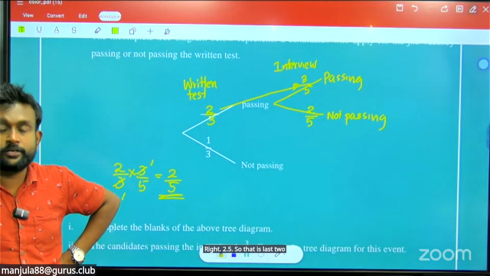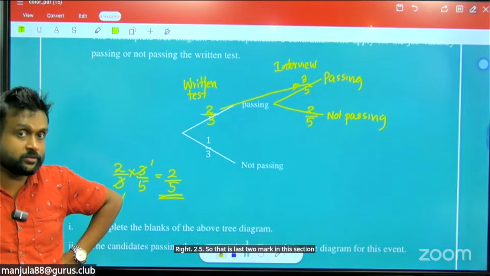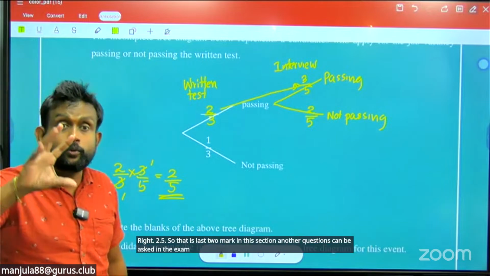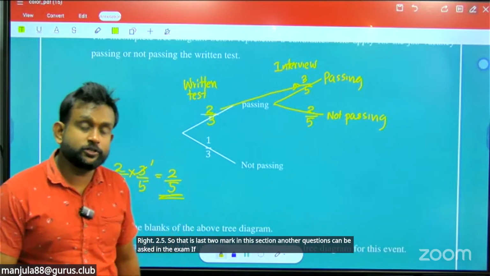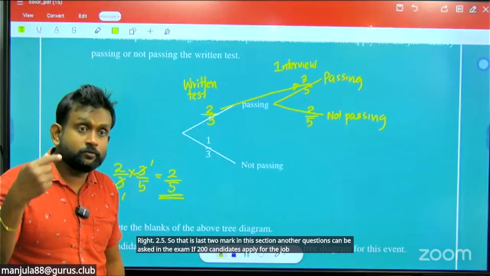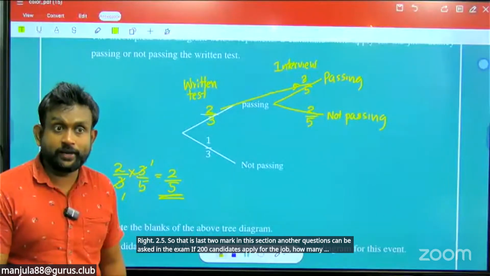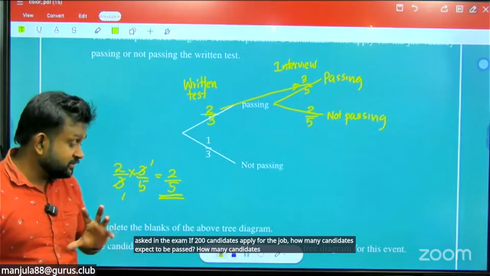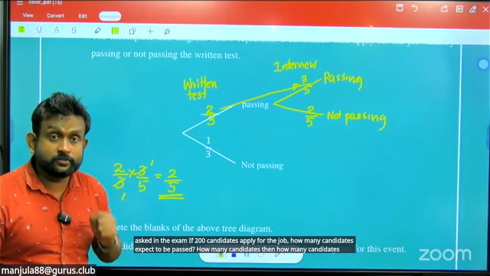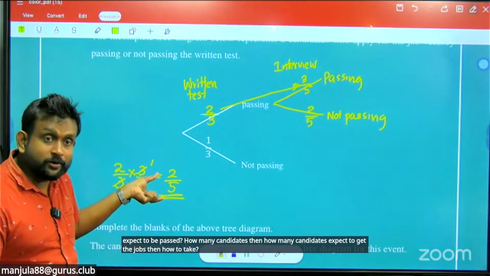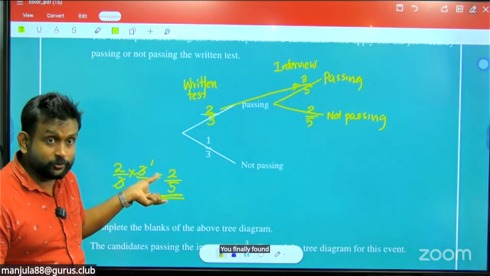In this question, another question can be asked in the exam. If 200 candidates apply for the job, how many candidates are expected to get the job? You finally found the probability of getting the job is 2/5.